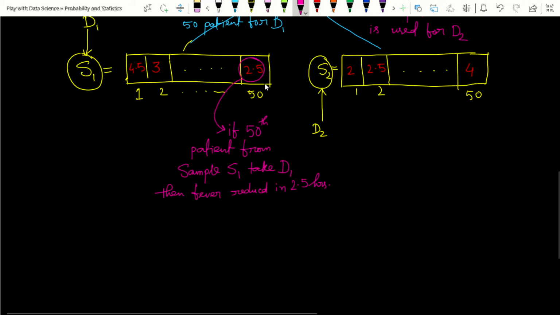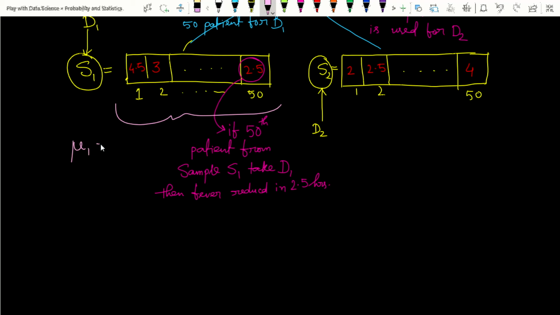After doing this experiment, we will calculate its mean. Suppose the mean we calculate here for sample 1 is mu1, and suppose we got 4 hours. This is the mean time for sample 1.